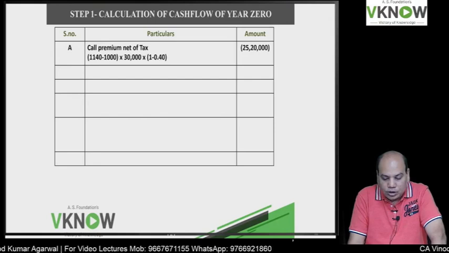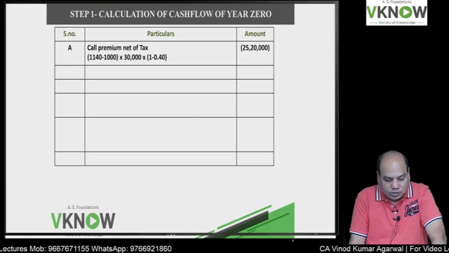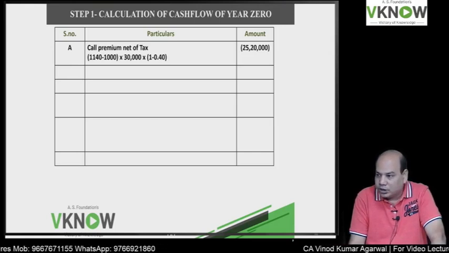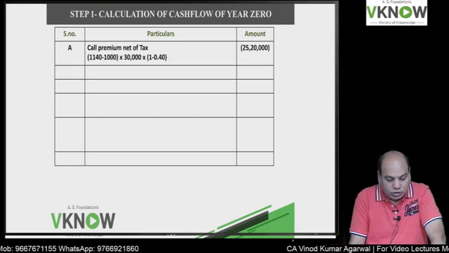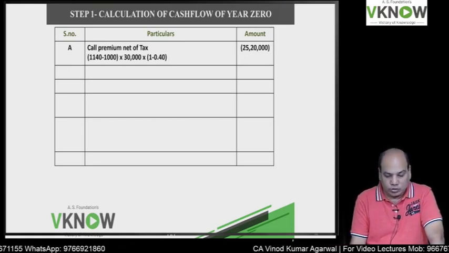And if you have to convert into after tax cash flow, multiply by 1 minus 0.40. Give me the final answer. Are you getting 25 lakh 20,000? So this is your cash outflow.